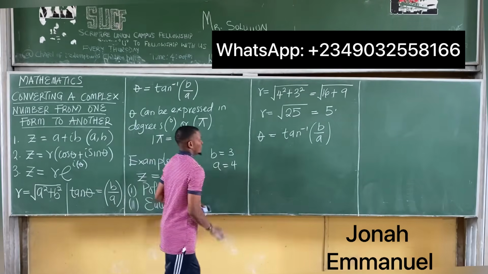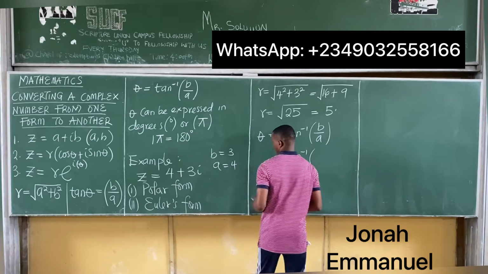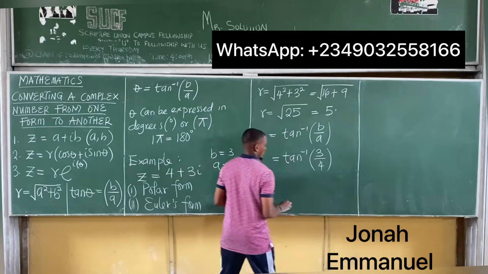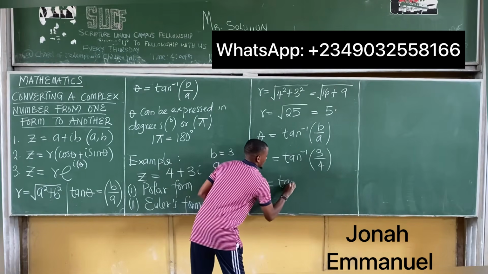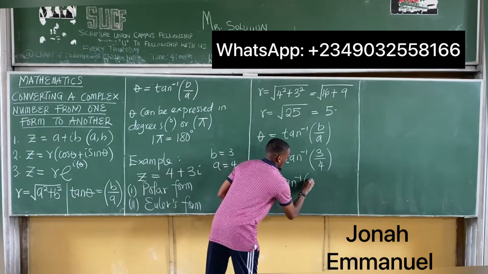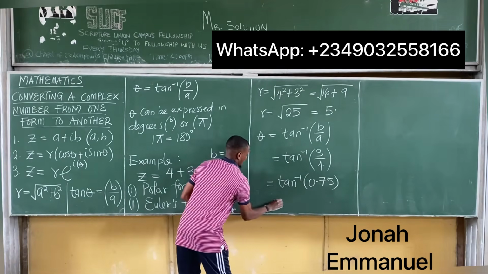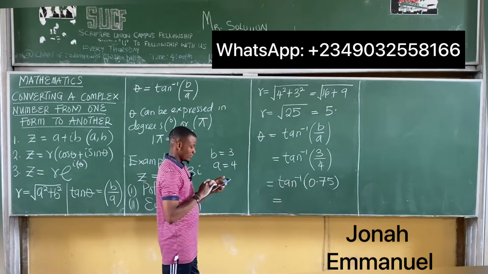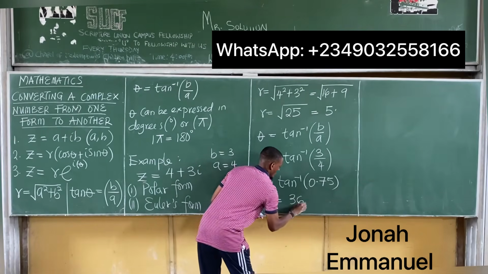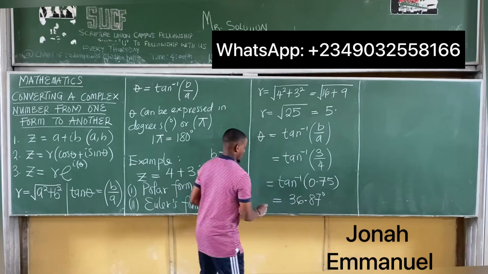So this is equal to tan inverse of 3 over 4, which gives you 0.75. So that's equal to tan inverse of 0.75, which is 36.87 degrees. So that's theta.